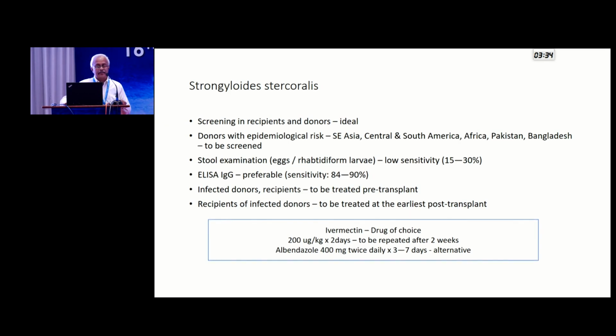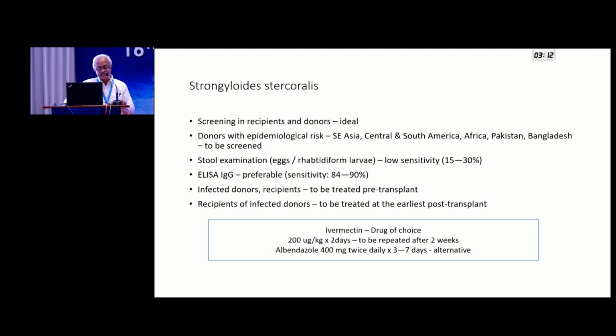And if it is donor-derived, it has an unfavorable outcome. So screening of both recipients and donors is ideal, particularly donors with epidemiological risk. India comes under that only. Southeast Asia, Central America, Pakistan, Bangladesh, and so on. Stool examination is very simple and has to be done, but the sensitivity is only 15 to 30%.